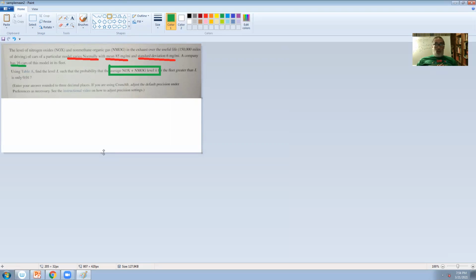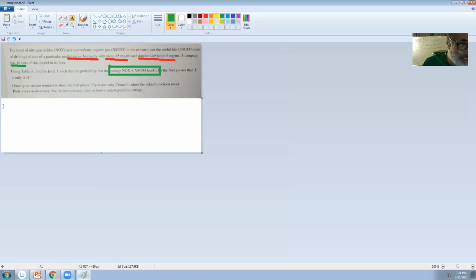All right, so what do we do there? We want an average. And we're given the probability of this average. Find the level for which the probability of this average being greater than L is only 0.01. We want a level. So how do we work with that?